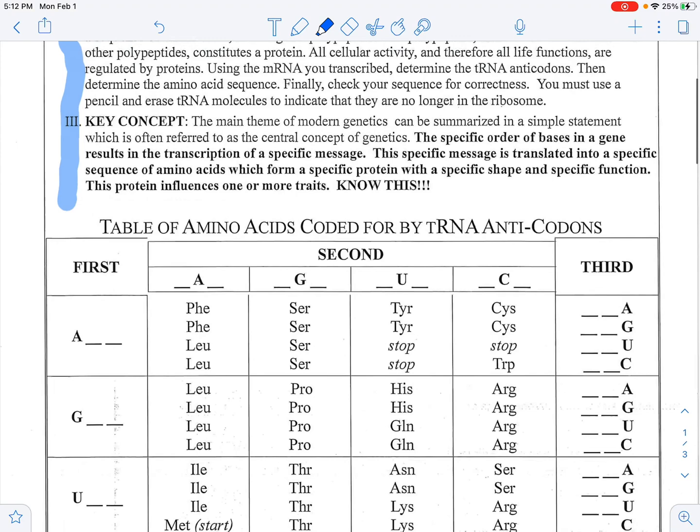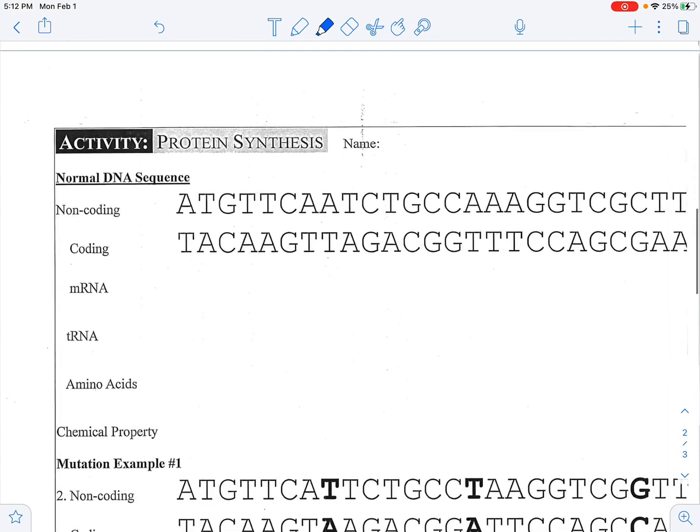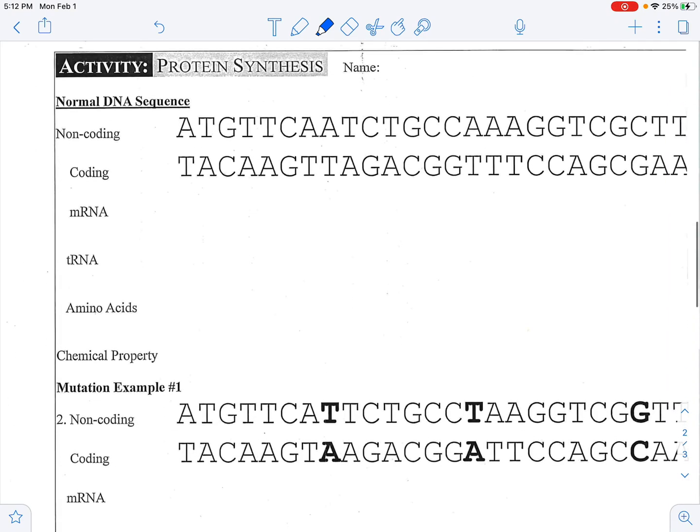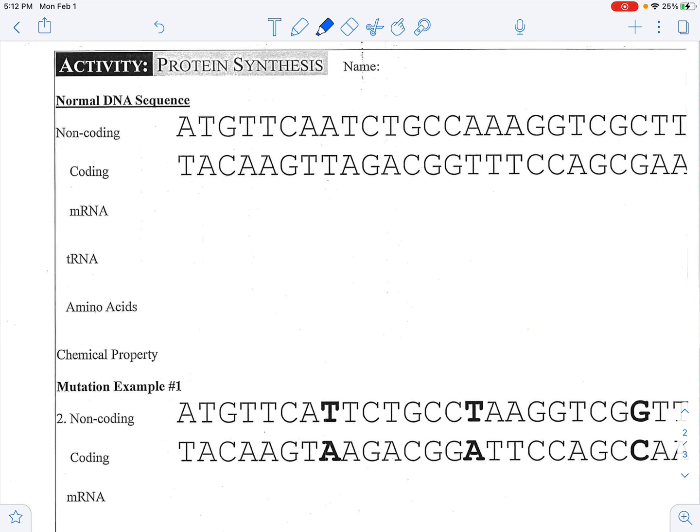So what I'm going to do is go to my next page here. What we're looking at is the non-coding and the coding side of DNA. So these are the bases that are in the center of the double helix on DNA.